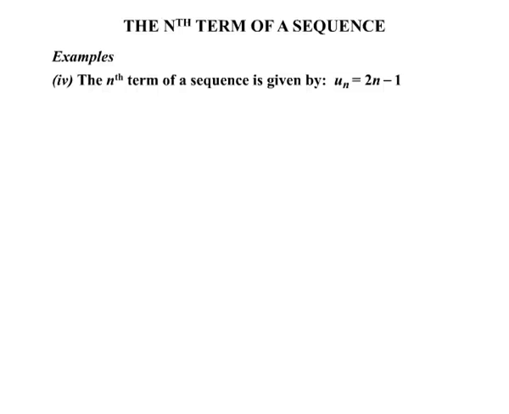Example 4. Now the nth term of a sequence is given by this rule, un equals 2n minus 1. And we're asked initially to find the first 4 terms. Well, there's our rule, un equals 2n minus 1. Our first term is denoted by u1.